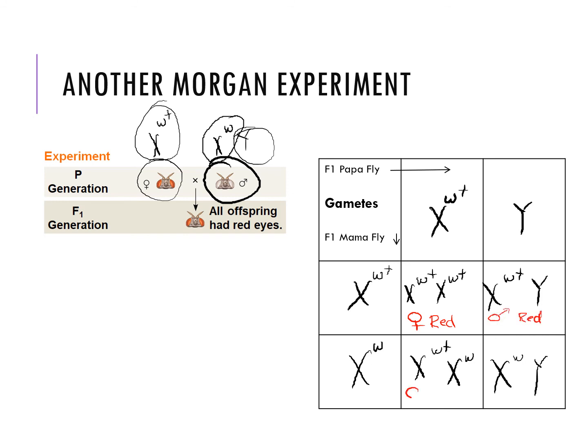We'll have a female with red eyes, and then a male with white eyes. And that, again, is exactly what Thomas Hunt Morgan saw in his experiments. There's a 3-to-1 ratio of red eyes to white eyes, and that white eye is male.